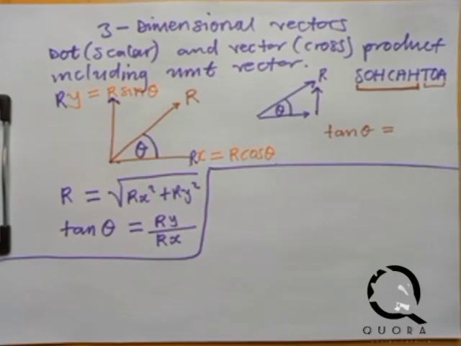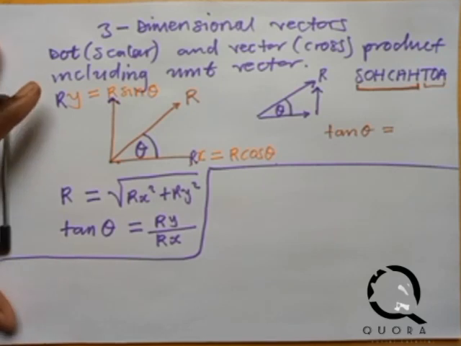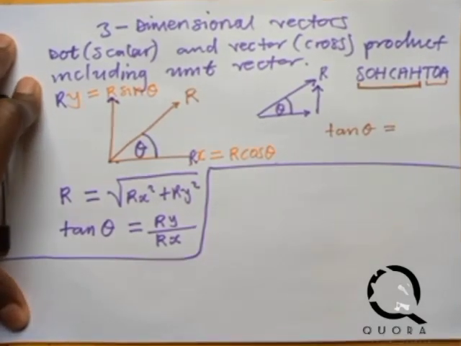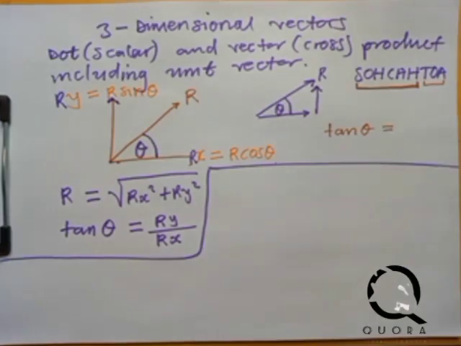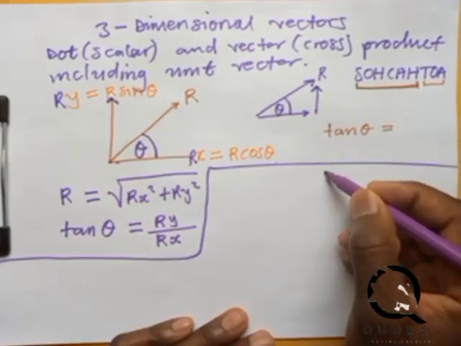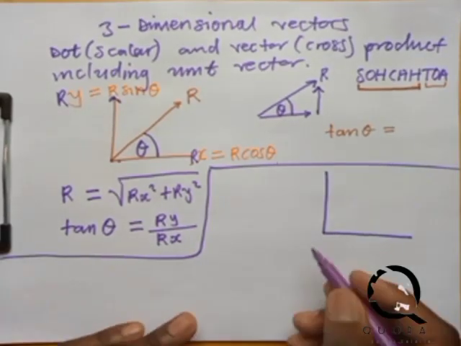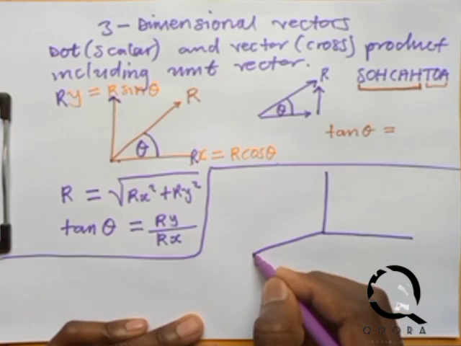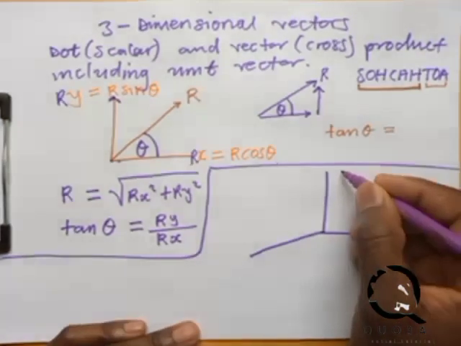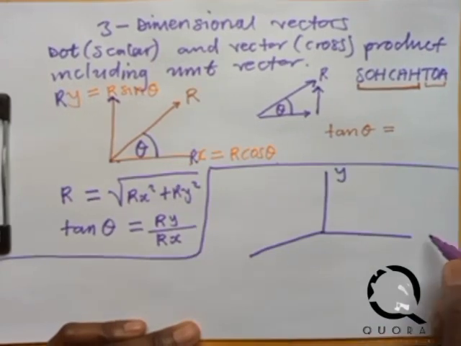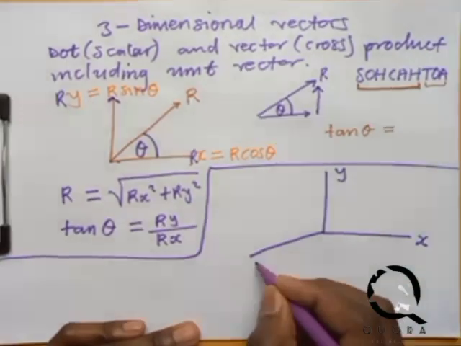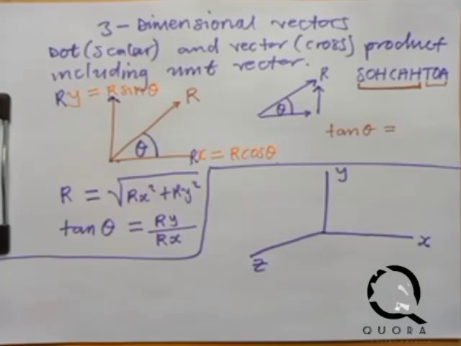Now, how is two-dimensional vector different from three-dimensional vector? From the word itself, three-dimensional simply means we introduce a certain component, that is what we call a z component. So if we have something like this, the z component can be introduced by facing in this given direction, meaning that this is going to remain as the y component, this one is going to be my x component, and this one is going to be my z component.